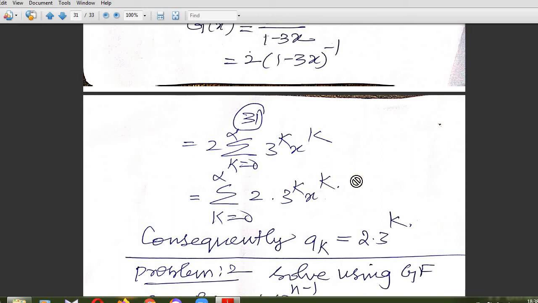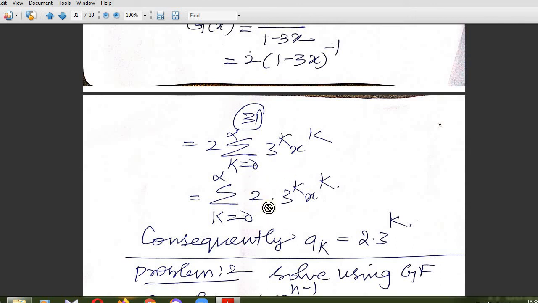Now look at this. This is g(x), the generating function. The generating function is summation from k equals 0 to infinity of 2 into 3 power k x power k. If this is a generating function, what is this? You leave the x^k; this is a_k.